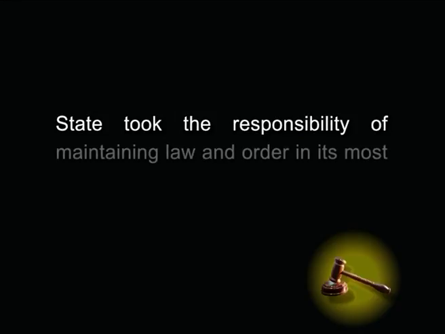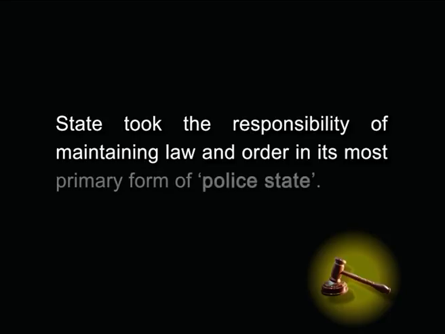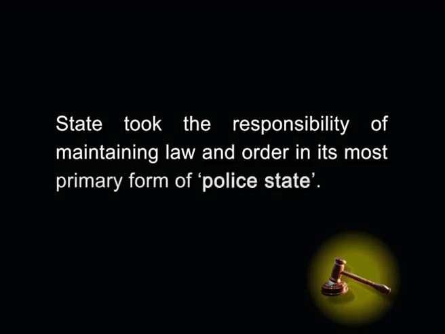The state took the responsibility of maintaining law and order in its most primary form of police state. Although the function of the state has changed today as a welfare state, still maintenance of law and order is the primary work of the state.